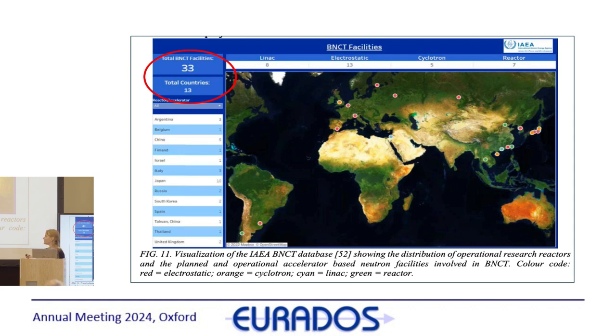North America is not in the map because there are no solid plans yet. There is interest, I have to say. Only 4 out of these facilities are reactor-based anymore, and 29 are accelerator-based systems. The biggest number is in Asia, but also some in Europe and Argentina.